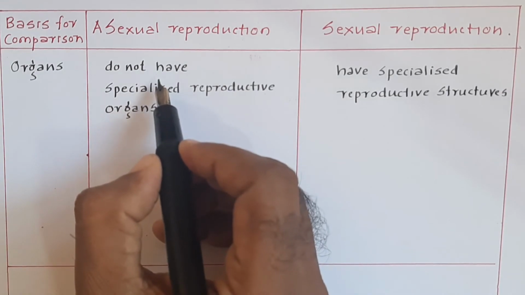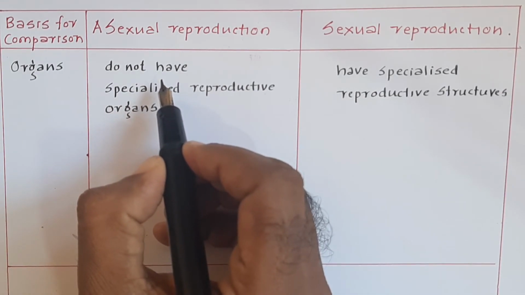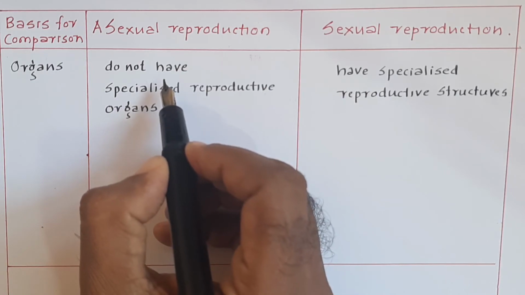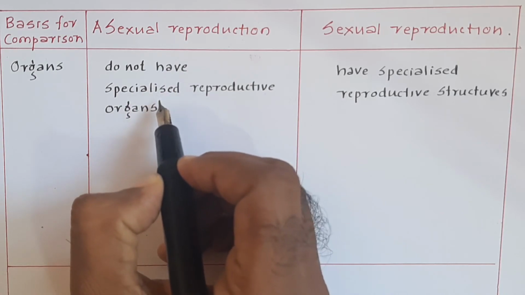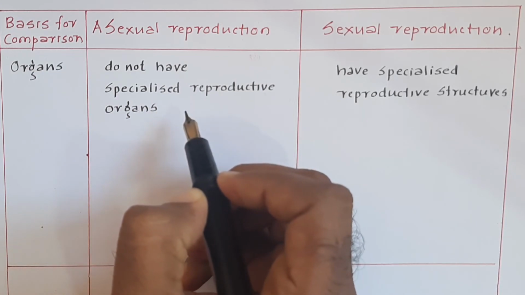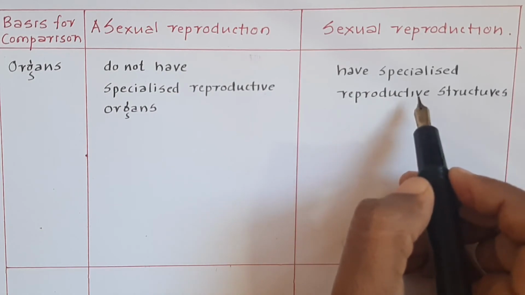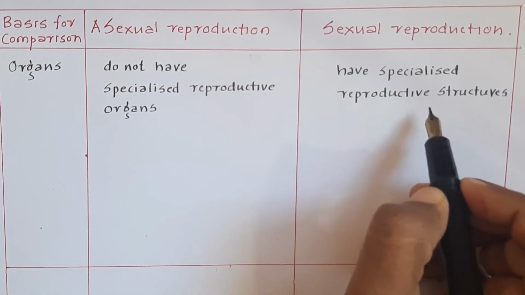So the organisms which possess asexual reproduction do not have specialized reproductive organs, but the organisms reproducing sexually have specialized reproductive organs.